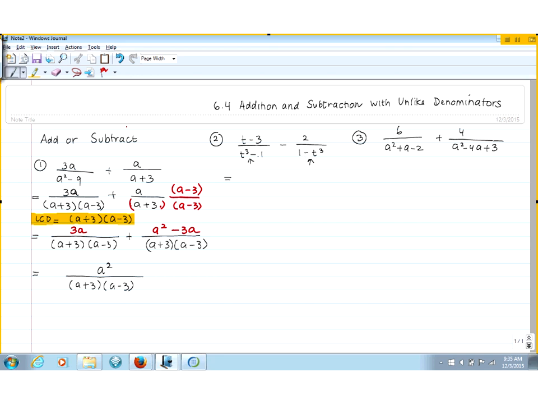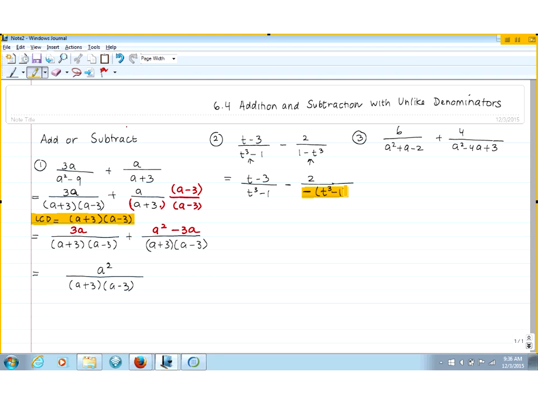So what if I want to write these in terms of p cubed minus 1? This is what I'm going to write down: p minus 3 over p cubed minus 1 minus 2. And this is the opposite of p cubed minus 1.